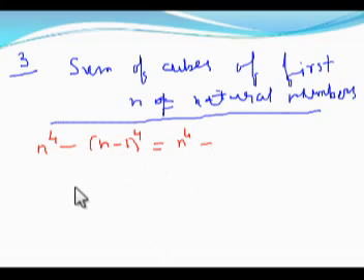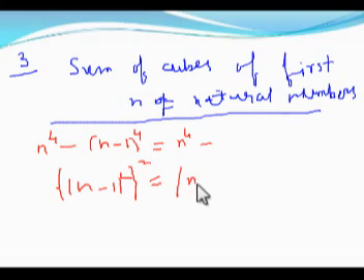I'm calculating here, then writing there. (n minus 1) square. First we will square it, then we will again square. It will be n square plus 1 minus 2n. Then again we will square it.